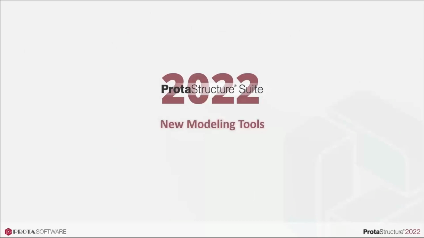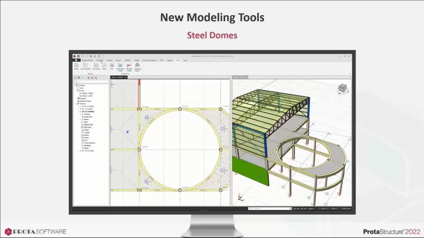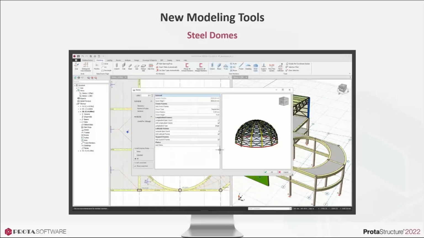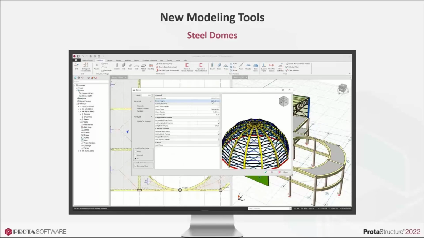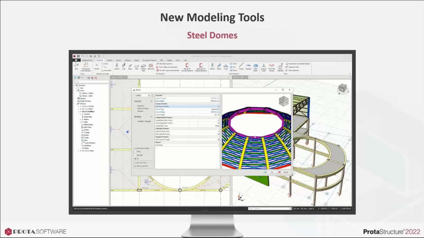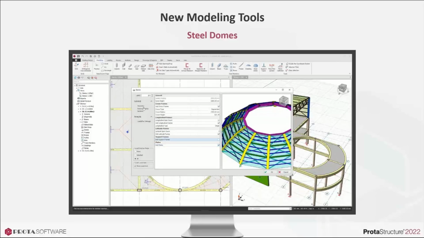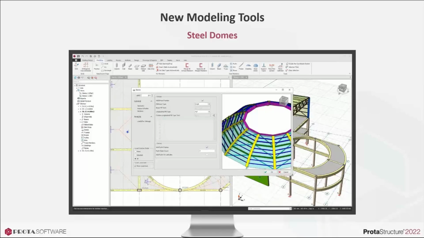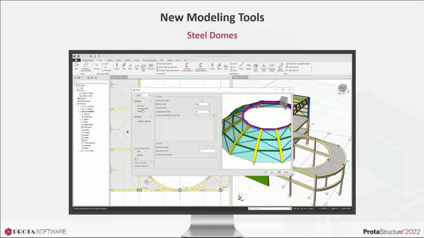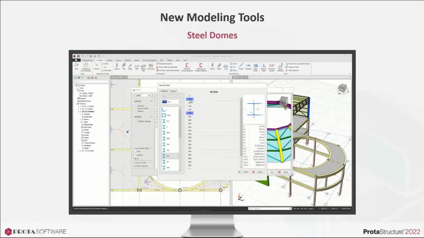Okay, let's continue with the modeling tools we introduced in the 2022 version. You can now create steel domes with the help of a highly parametric wizard. In fact, steel domes were among the most asked-for features from our users. So you can independently control the geometrical and section properties for crown, longitudinal, latitude, brace, and purlin members.